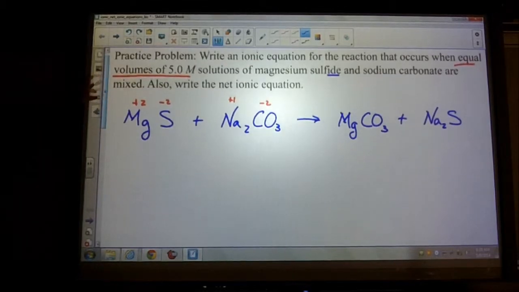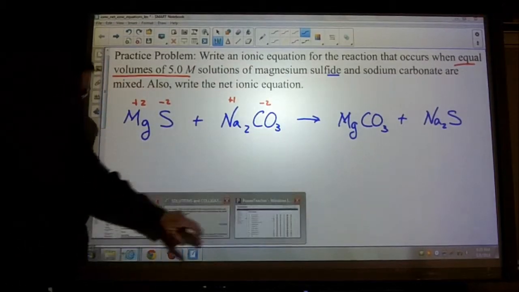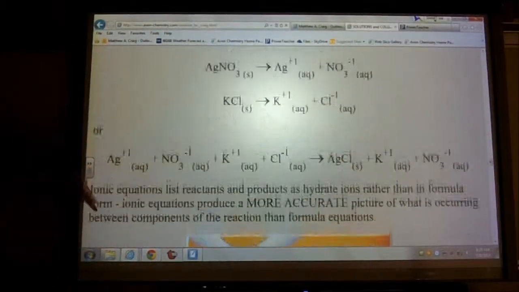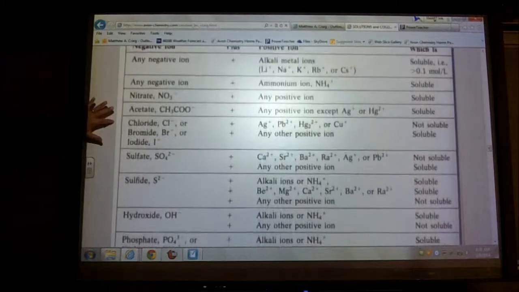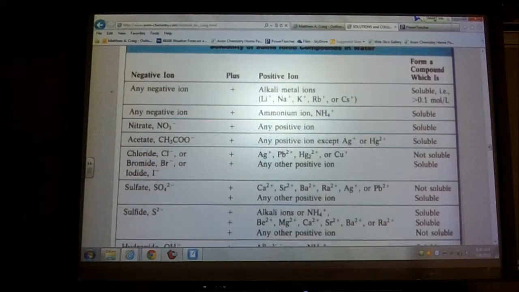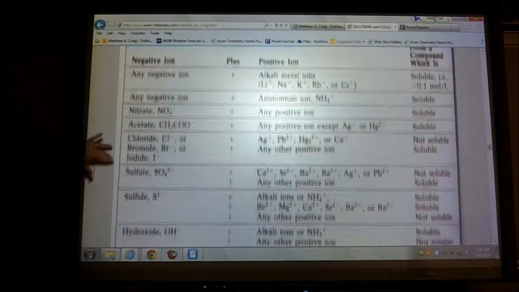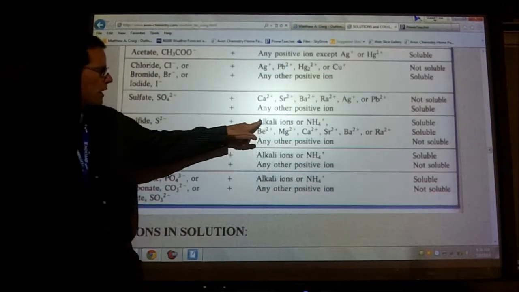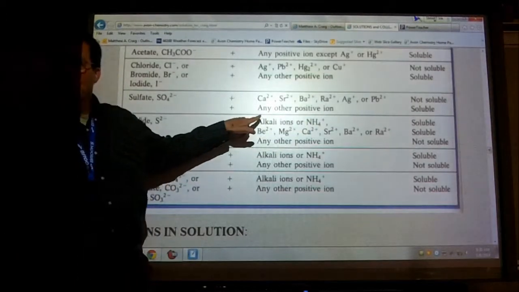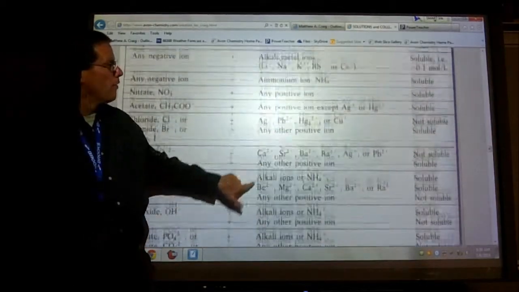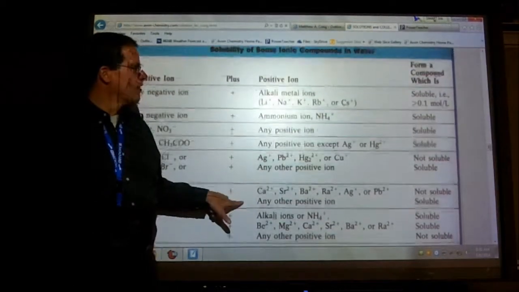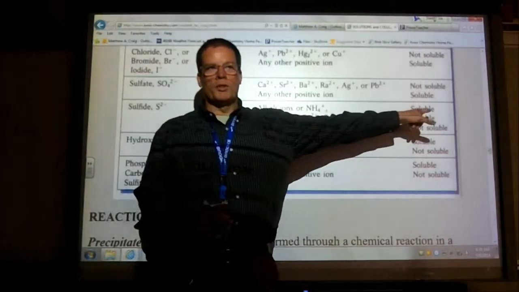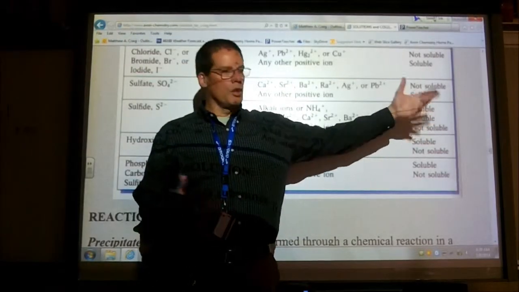So we want to find out, okay, who's dancing here for us? All right, go back to your table. And we had sodium sulfide, so let's look at that one first. So find the sulfide. There's sulfide. And we come across, is sodium an alkali ion? If you're not sure, look right there. Yeah, it is. It's group 1A. So you go, oh, soluble. What's that mean? It's clear. Stayed clear.